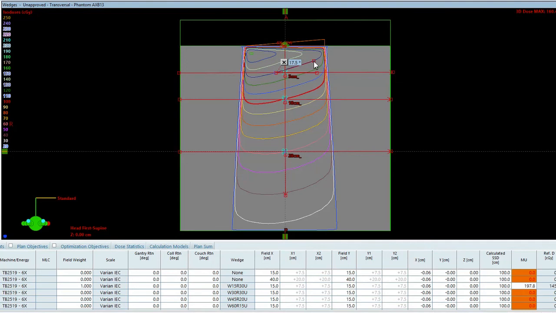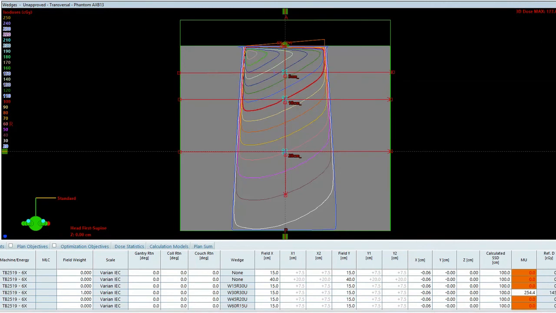So for the 15 wedge, my isodose lines tilted about 17 degrees. A vendor is going to specify a specific wedge angle based on the tilt of the isodose lines along the central axis at a specific depth.